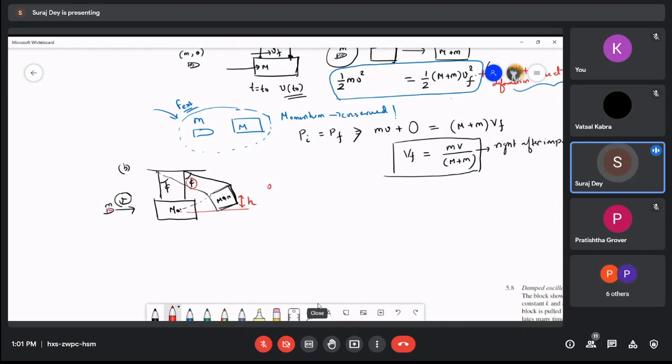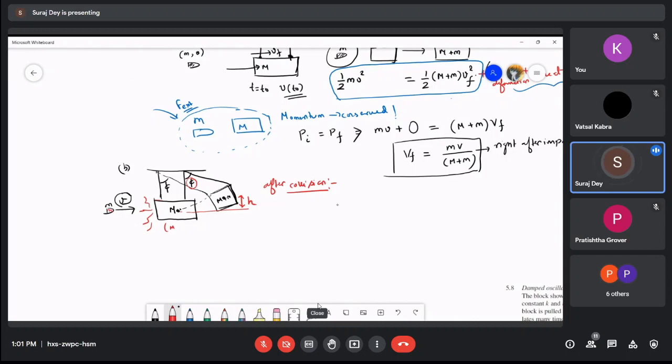Now, know that once the collision has happened, if you look at the system after this bullet has hit this block, then you can apply the conservation of mechanical energy, because whatever sound or heat or other energy was used has already been used.